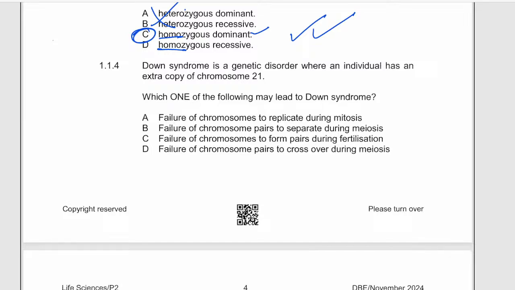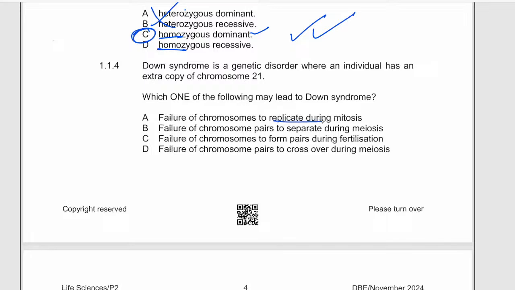Down syndrome is a genetic disorder where an individual has an extra copy of chromosome number 21. Tell me in the comments whether you did follow our predictions. All right, which one of the following may lead to Down syndrome?